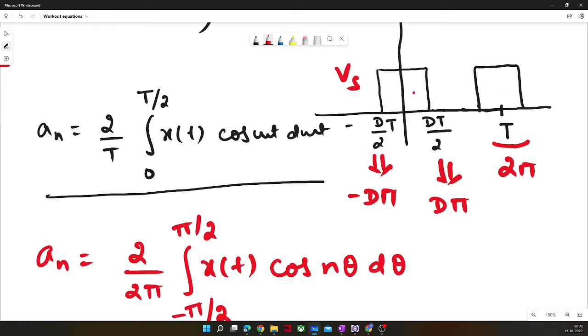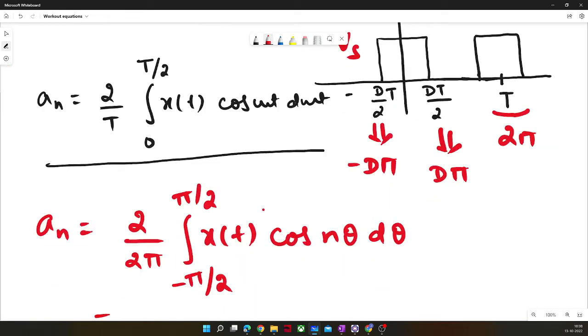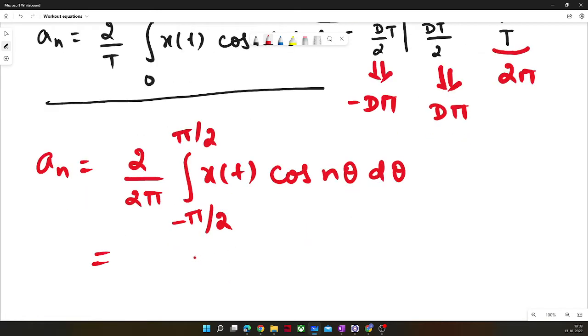Any confusion in this? Okay, so if not, then we will go ahead. So for minus pi by 2 to pi by 2, this period minus d pi and d pi lies within that limit.